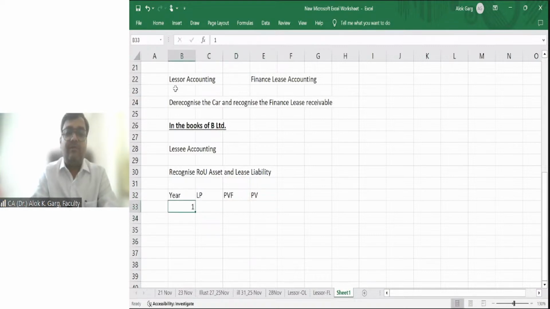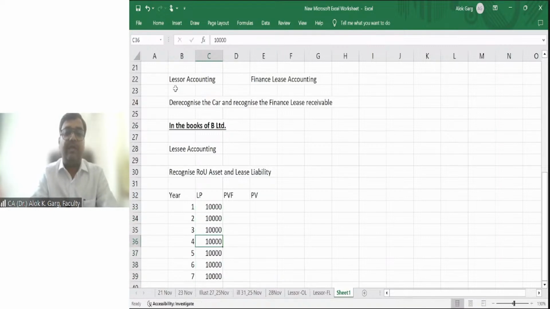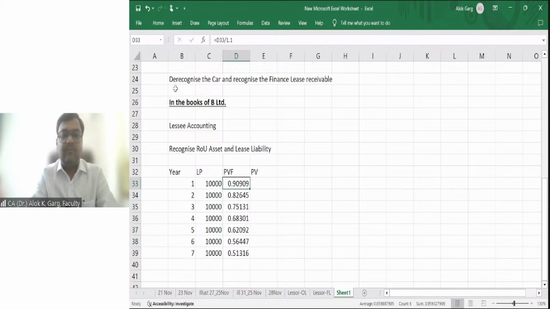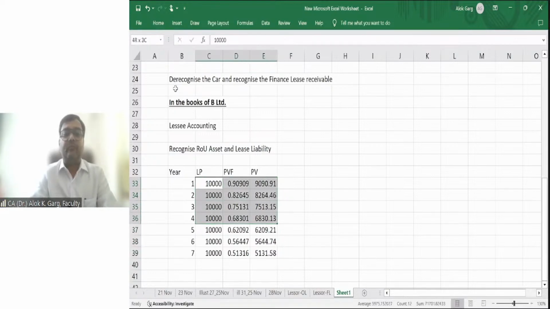So in year one, the lessee will pay the lease rental. I'm doing the primary lease accounting. 10,000 is the lease rental every year, which B will pay to A. What is the present value factor? 1 divided by 1.1, then divided again by 1.1, and so on.